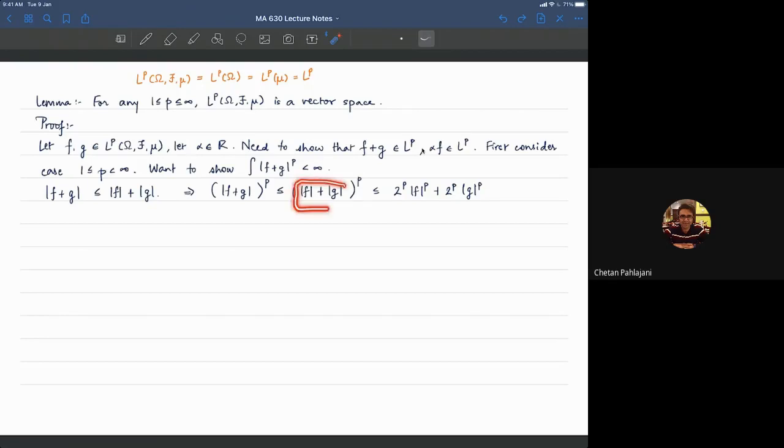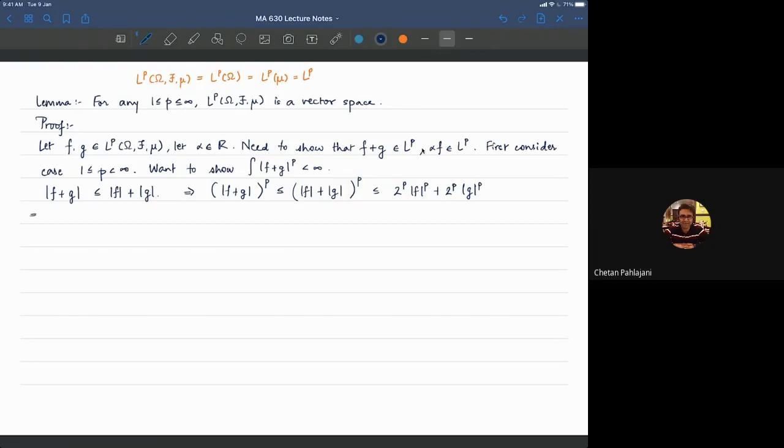Now take the pth power, and I'll get 2^p times the absolute value of f to the p. The other possibility is that the absolute value of g is bigger. In that case, the absolute value of f plus the absolute value of g is no more than 2 times the absolute value of g. So the absolute value of f plus the absolute value of g to the pth power is less than or equal to 2^p times the absolute value of g to the p. If I add these two upper bounds, that will certainly be an upper bound for the left side no matter what. So this is what you get.